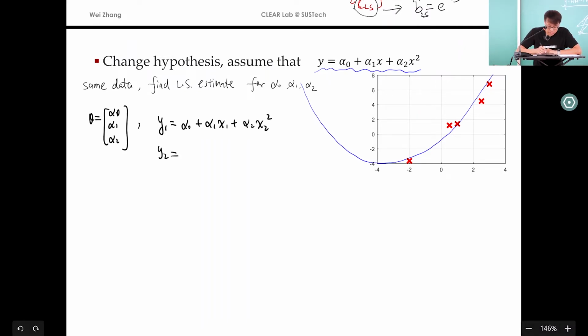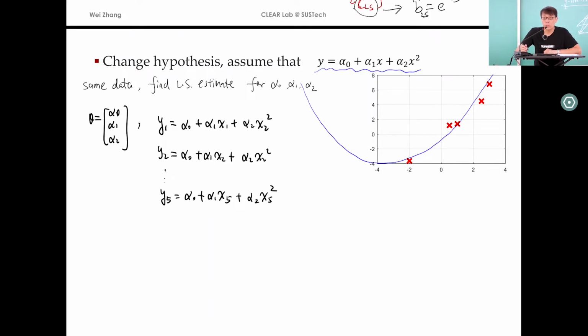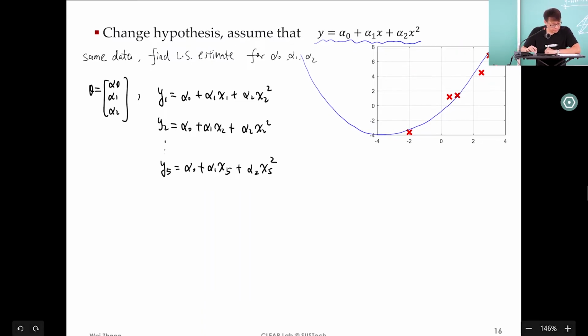And y2 equals alpha 0 plus alpha 1 x2 plus alpha 2 x2 squared. Then y5 equals alpha 0 plus alpha 1 x5 plus alpha 2 x5 squared. Are you with me? At least a bunch of measurement equations, that's my assumption.